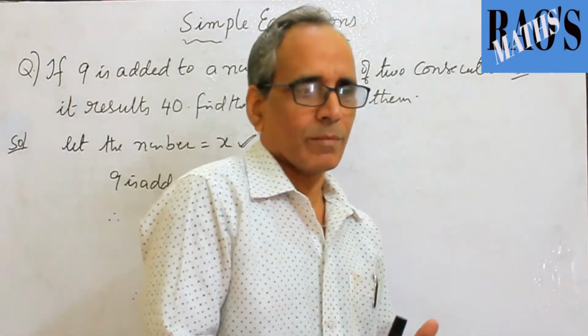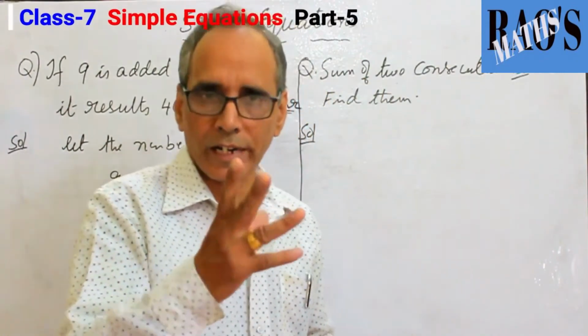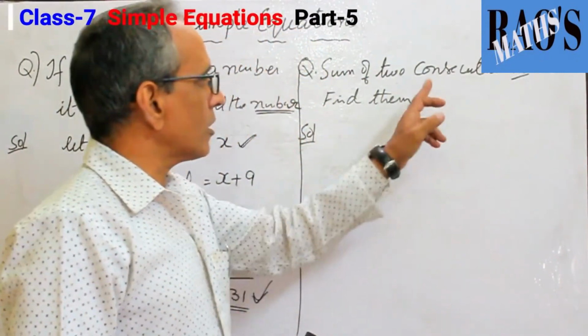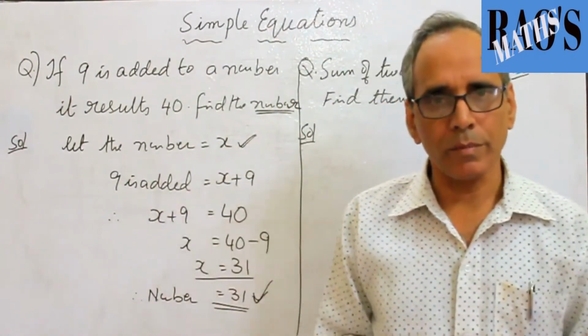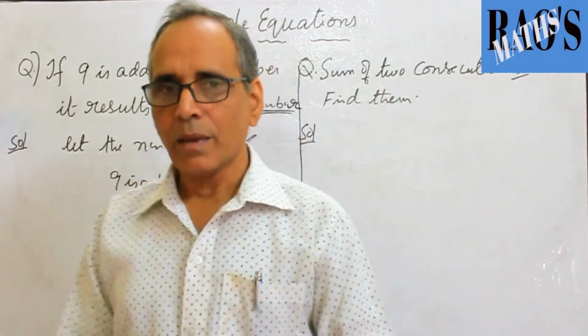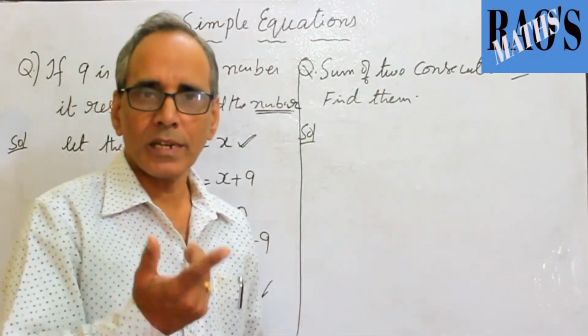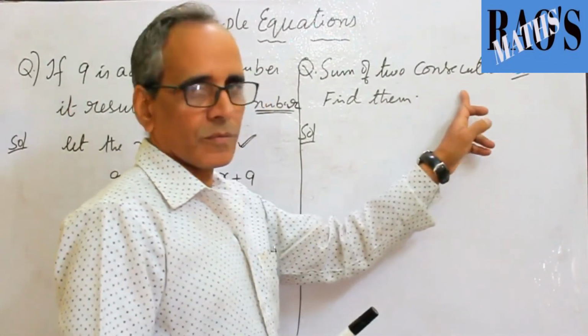Consecutive means the numbers which come one after the other immediately without any gap. That is not alternative. To make you understand consecutive clearly, 5, 6, 7 are consecutive numbers. 1, 2, 3 are consecutive numbers. A, B, C are consecutive alphabet in English. Now we understood the meaning of consecutive.